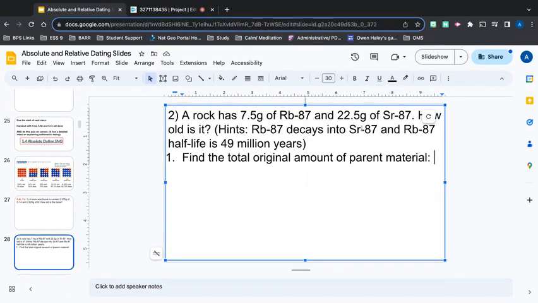These two things combined tell you how much was originally in the rock or in the fossil when it passed away. So 7.5 plus 22.5 should come to basically 30 grams. Okay, so there's originally 30 grams of radioactive rubidium-87 in this fossil.